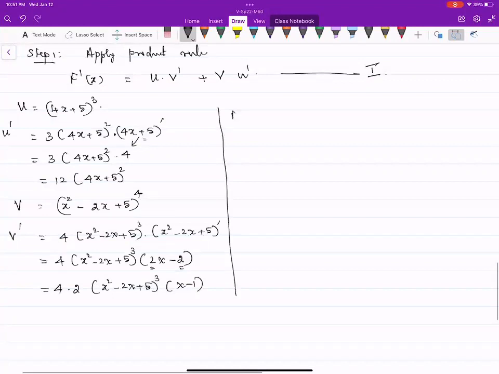So for our f prime x, we'll substitute u, u prime, and v prime in.